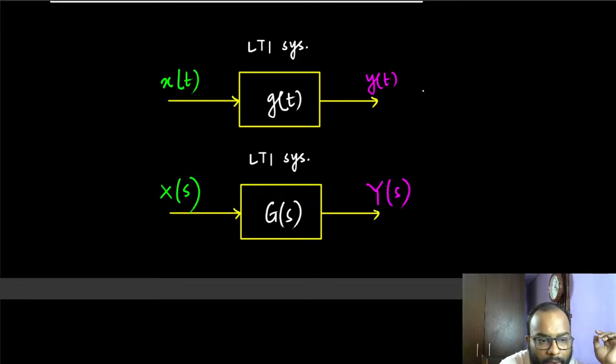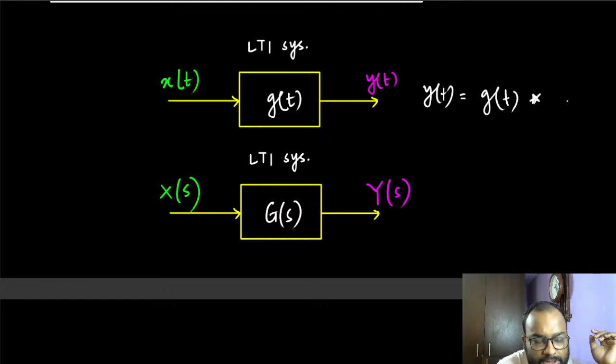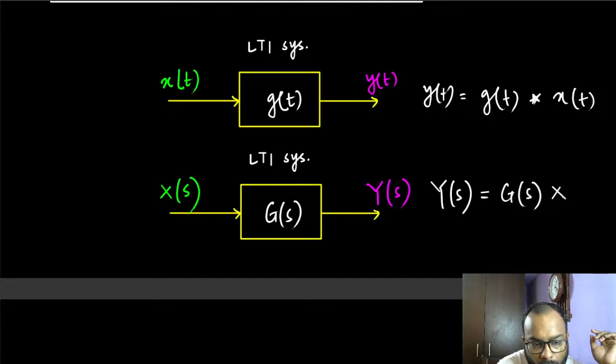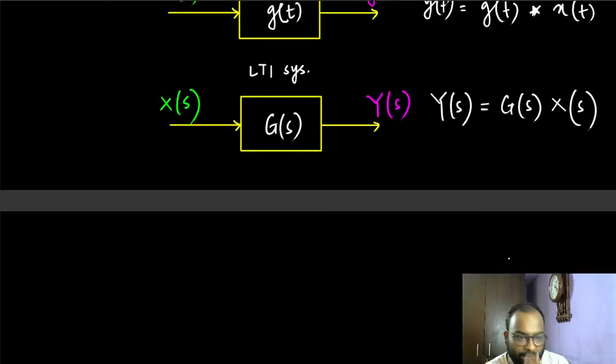Then instead of calculating the output through the convolution operation between the impulse response and the input signal, we can calculate the Laplace transform of the output by multiplying the Laplace transform of the impulse response with the Laplace transform of the input. This immensely helps, because now we can do very complicated operations.